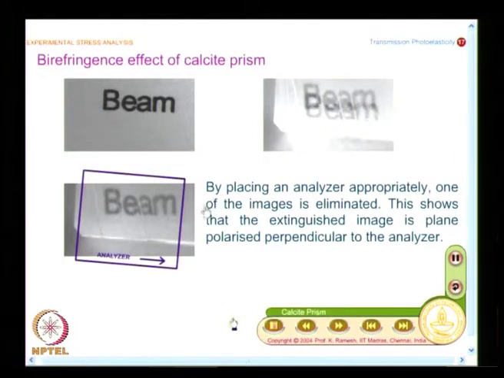So, this goes to prove two things. You find these rays are polarized, that is why I am able to cut off one image. The other image's vibration is perpendicular to this. So, that image is cut off because it will allow only one component of light.